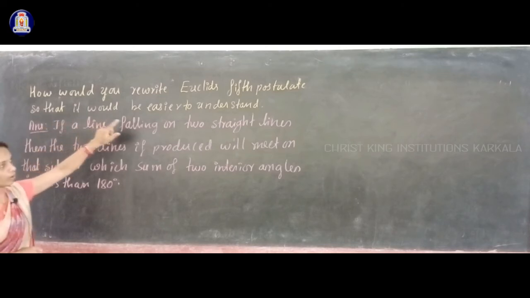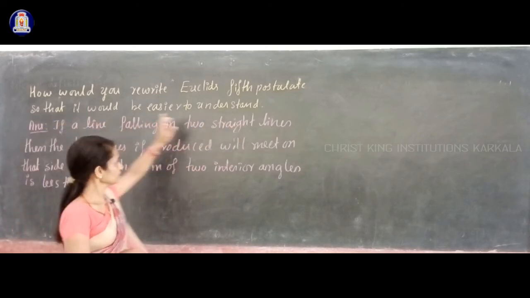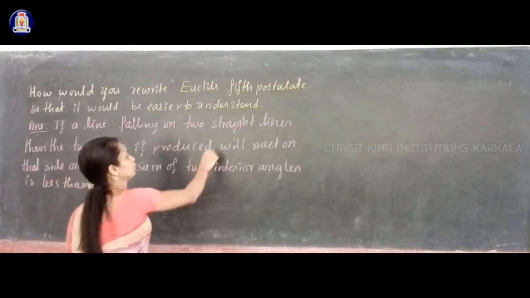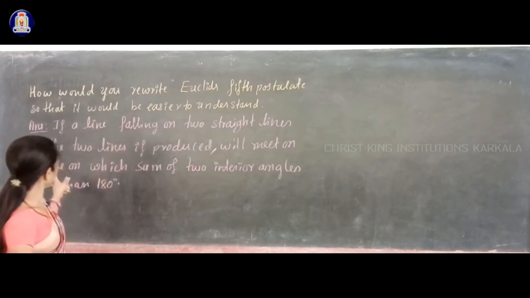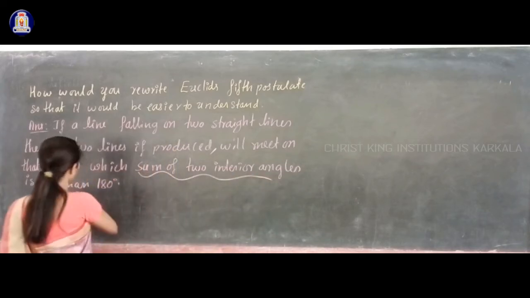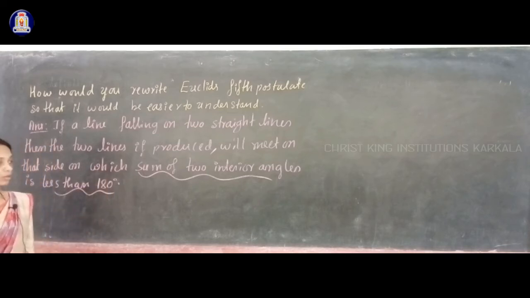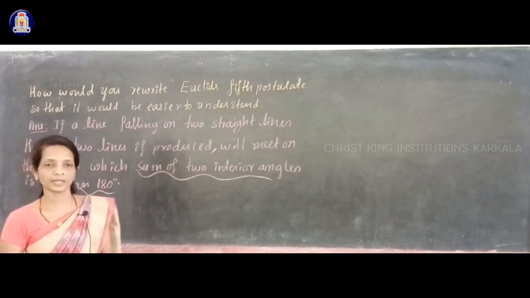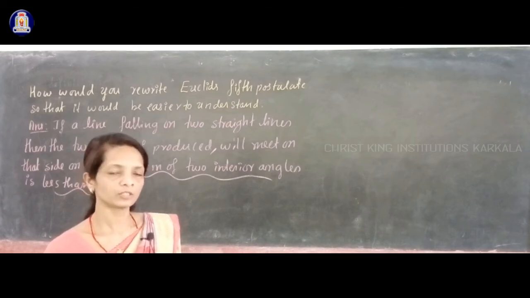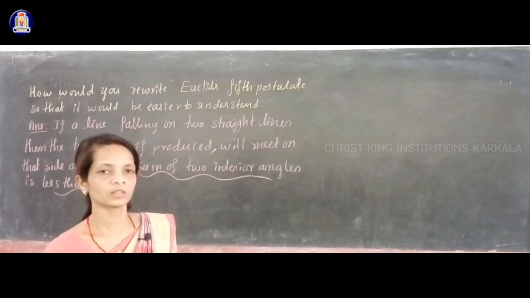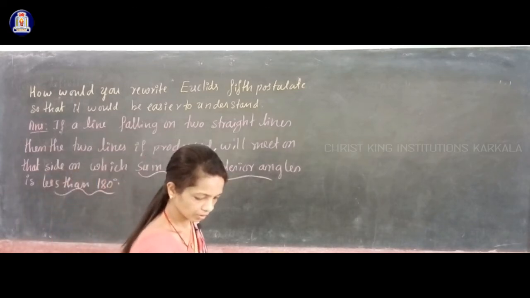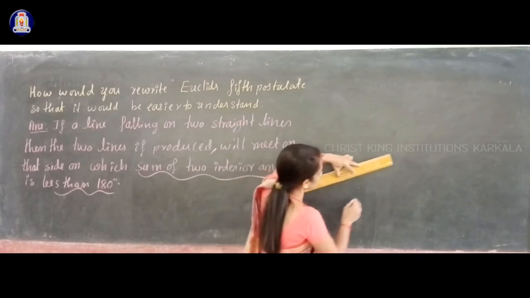If a line falling on two straight lines is such that the sum of two interior angles on one side is less than 180 degrees, then the two lines, if produced, will meet on that side. On which side the sum of two interior angles is less than 180 degrees, on that side the two straight lines, if you produce them, will meet. Okay. So I'll explain it through one figure.